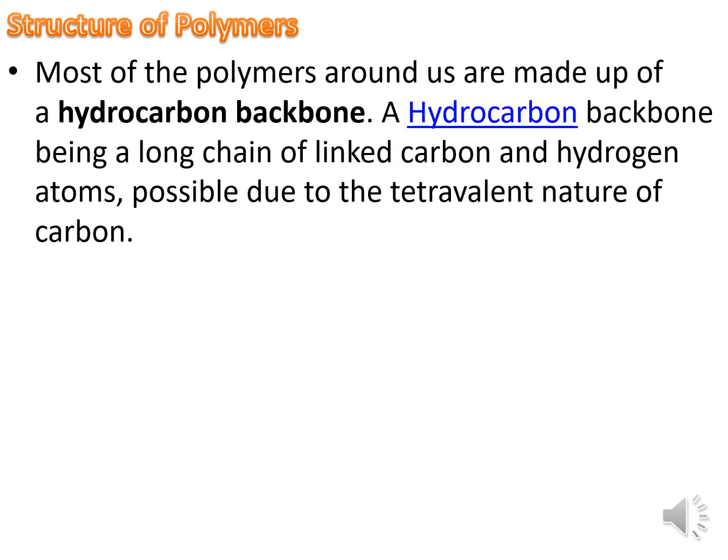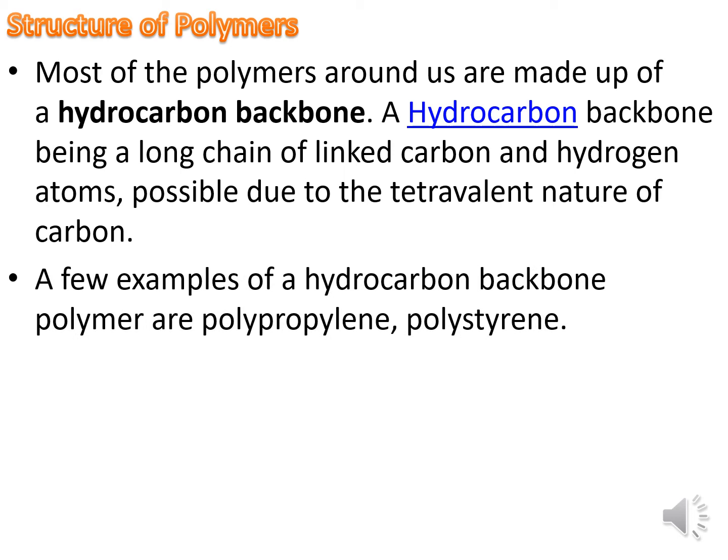Structure of polymers. Most of the polymers around us are made up of a hydrocarbon backbone, a long chain of linked carbon and hydrogen atoms, possible due to the tetravalent nature of carbon.